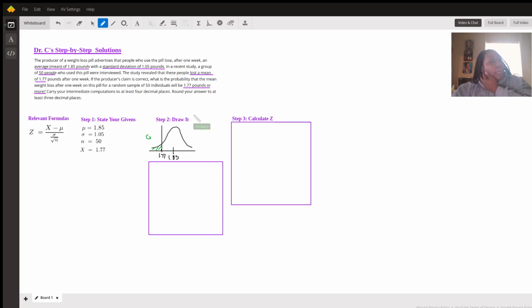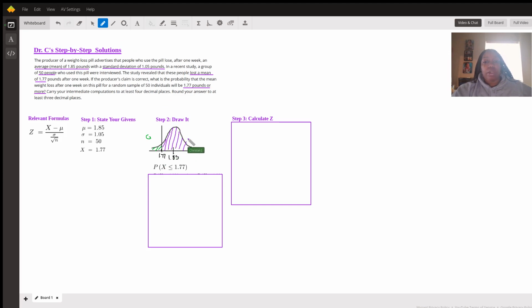Then the probability of 1.77 or greater means we're looking for the area to the right. Because the total under the normal distribution is equal to 1, we essentially subtract the area to the left from 1.